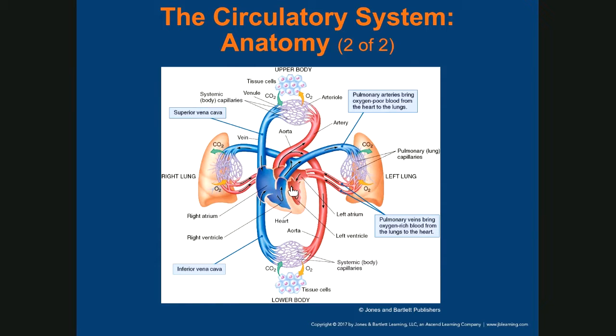But the patient has a damaged left ventricle. So they have an MI, a heart attack, left ventricle. Where would the back pressure end up for this patient? So where is the back pressure going to end up for this patient?